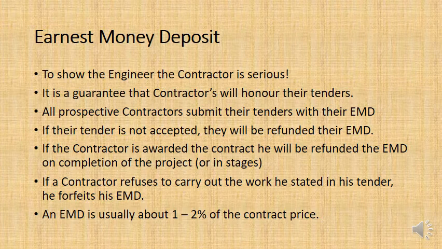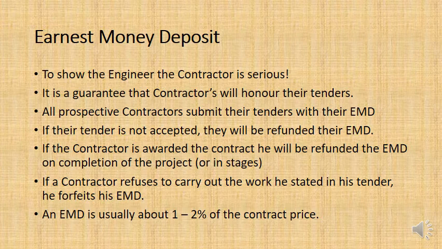And I'll have to say that they exist for most civil engineering projects that are of a certain value. I would say anything above $1 million, there would be some sort of earnest money deposit usually. And it's just a way to make sure the contractors are serious.